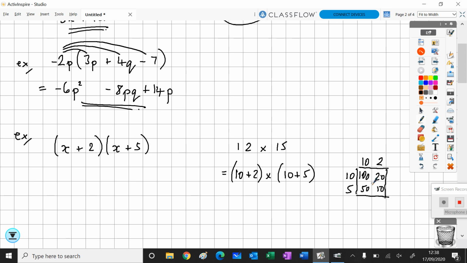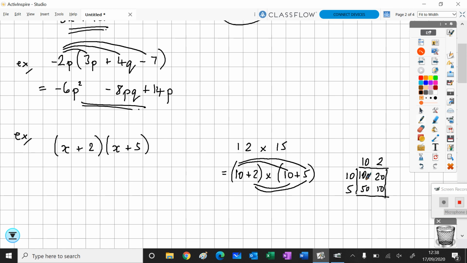And that's because the 10 had to multiply the 10, but it also had to multiply the 5. And this 2 had to multiply the 10, but also the 5. So these lines, these curves, indicate the different combinations in which you have to multiply things, and we can see it happening in the grid.